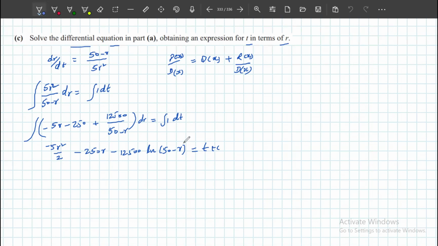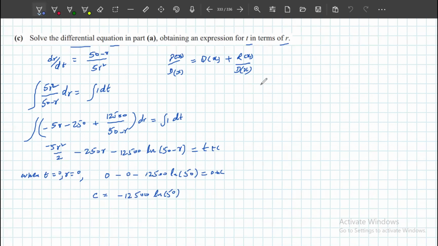If you check the previous part, we are given that when t is equal to 0, r is equal to 0. Then we can find c easily: 0 minus 0 minus 12,500 log of 50 is equal to t, which is also 0. That means c is equal to minus 12,500 log of 50.